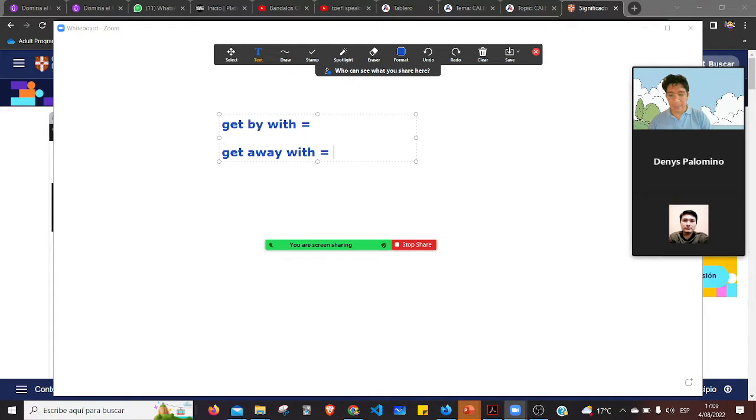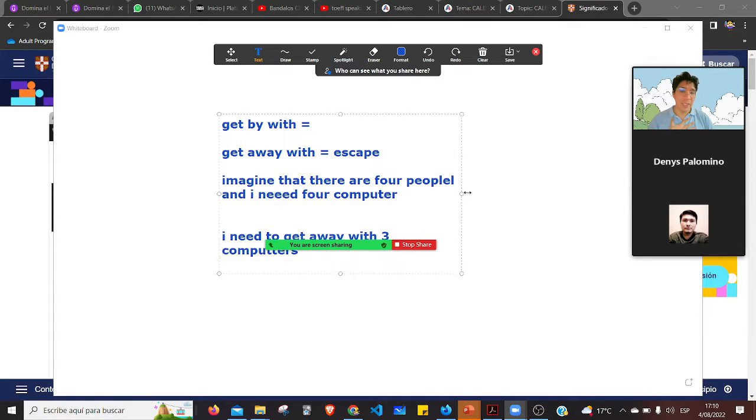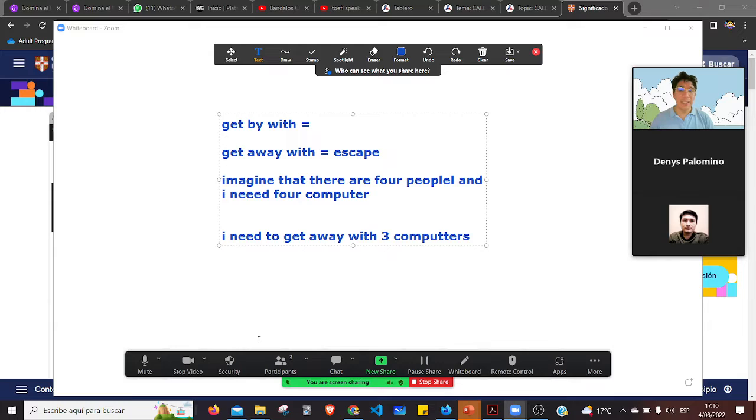But imagine that there are four people, and I need four computers, because there are four people, so I need to get away with three computers. Because I need four computers, but I just have three, so I need to get away with that. Did you understand?